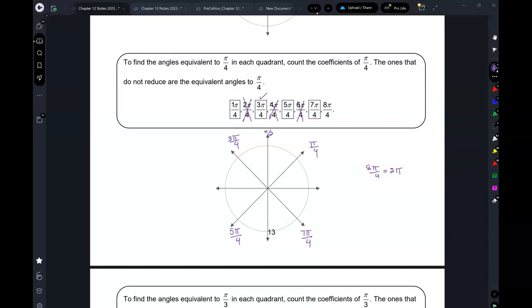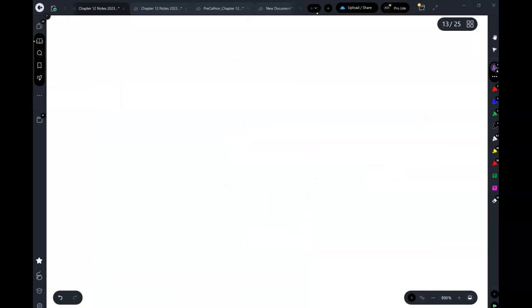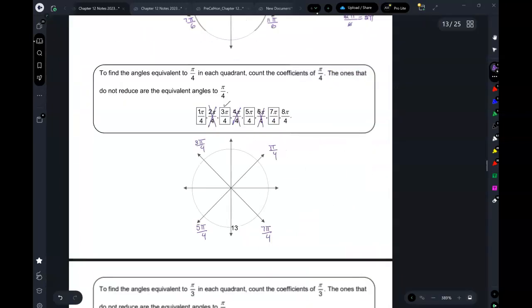Is that any like a pi over 2? Yeah, that isn't important right now. It's these. Focus on these. Okay. Next, the pi over 3. You always start with the number.